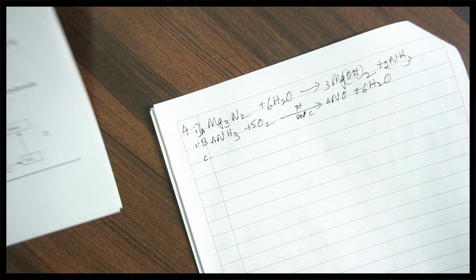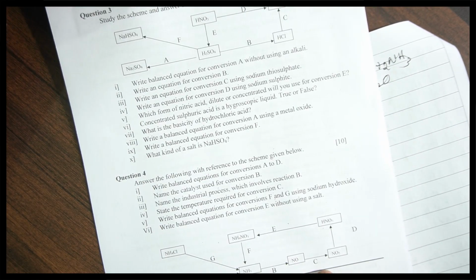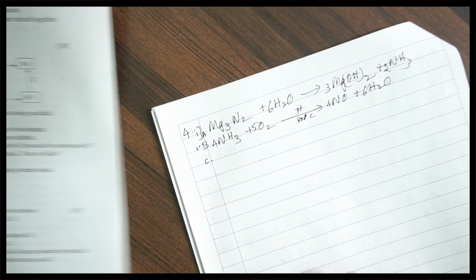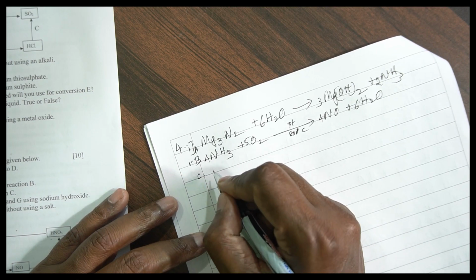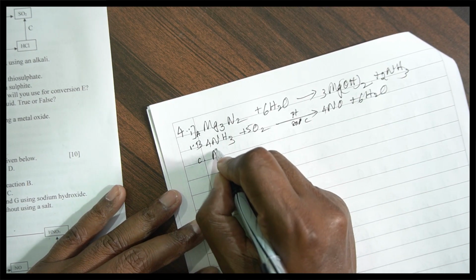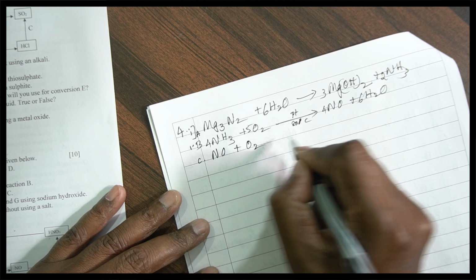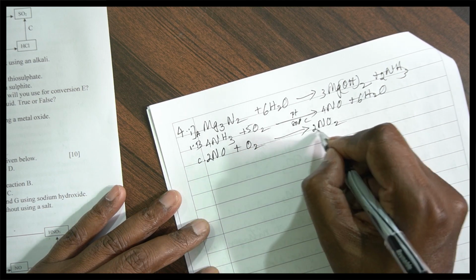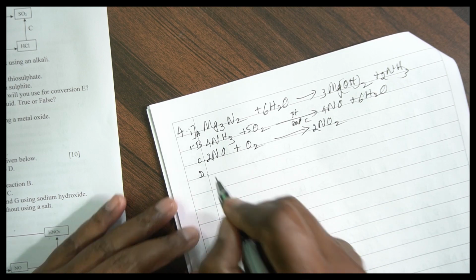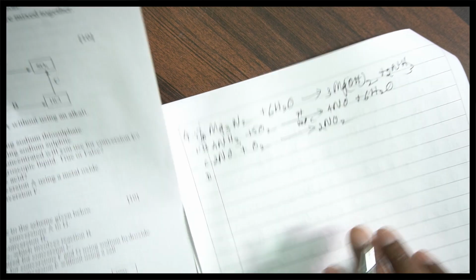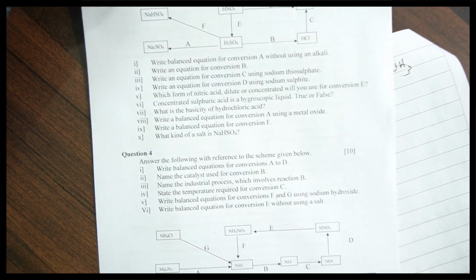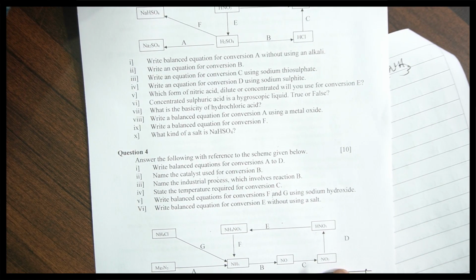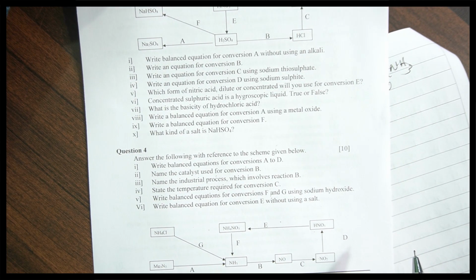Now part C. The C here is NO converted to NO2. So for that, simple oxidation in the Ostwald's process, NO reacts with O2 to give NO2. So 2NO plus O2 gives 2NO2. It's an exothermic reaction. Anyway, that is not required here. Now the D part is NO2 changing to HNO3.